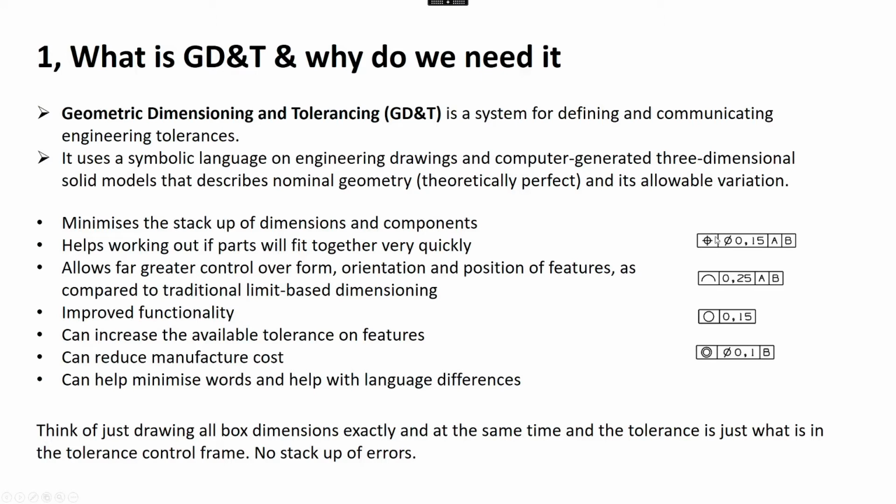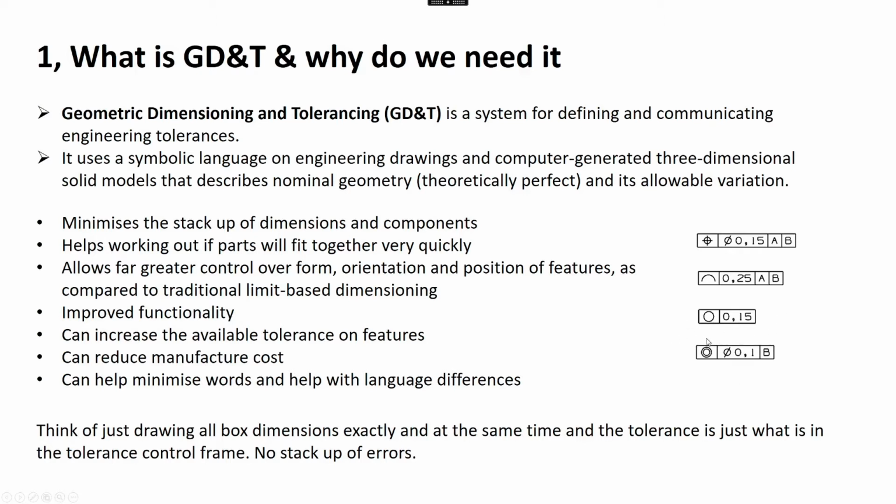The first part tells us what sort of symbol we want, or what we're trying to define, the position of something. This gives us the tolerance band. In this case it's a diameter of 0.15, and this gives us what it's relative to. So the positional tolerance is a diameter zone, or a cylinder zone, and it's relative to datums A and B. These are the sort of symbols that we're going to use for GD&T.